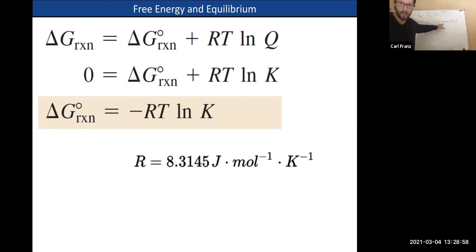Liters times atmosphere. Delta G is not liters times atmosphere, right? Anybody remember what the units are for delta G? Anybody?